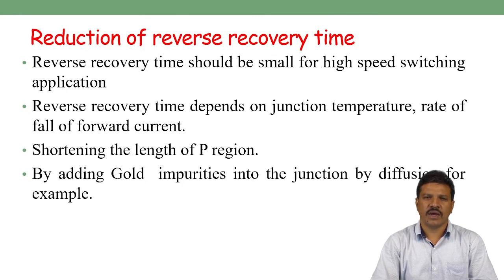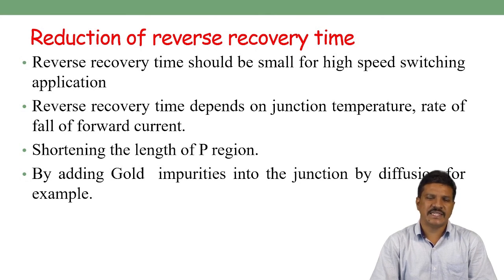Whenever we are going to design high-speed switches, high-speed electronic circuits, we always prefer either diodes or advanced diodes, and we can use a transistor too. The emitter base junction is also simply a diode, so here also we face the reverse recovery time between the base and emitter terminals.